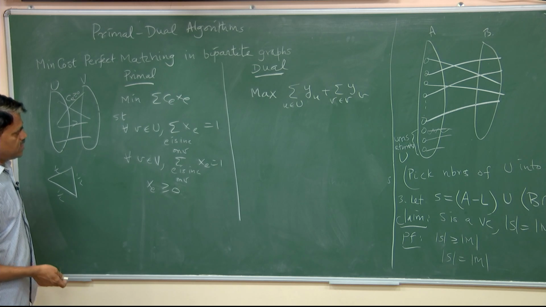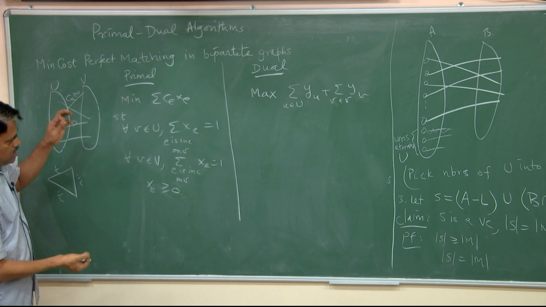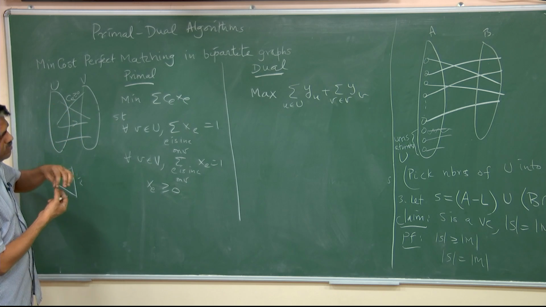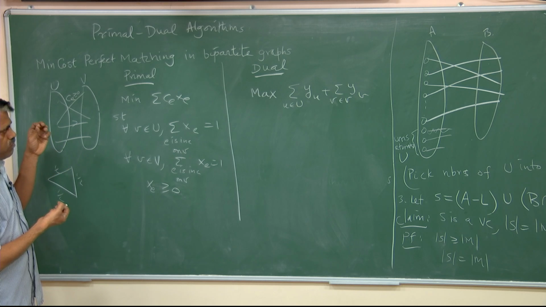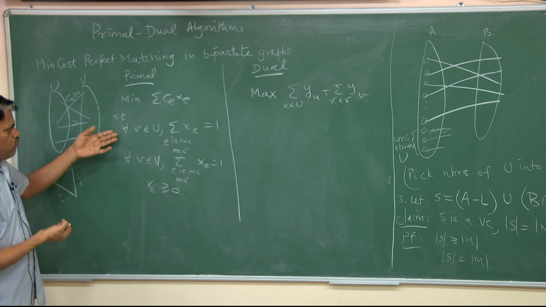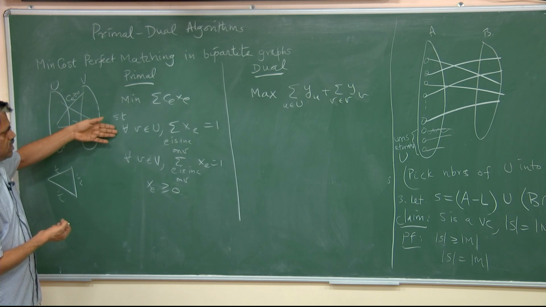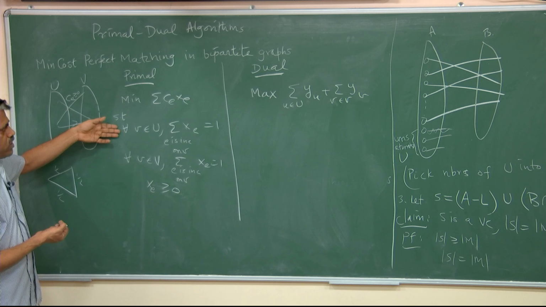And what is the constraint? Look at any edge. There is a y_u term coming from here because of the bipartite graph, and one term coming from here.